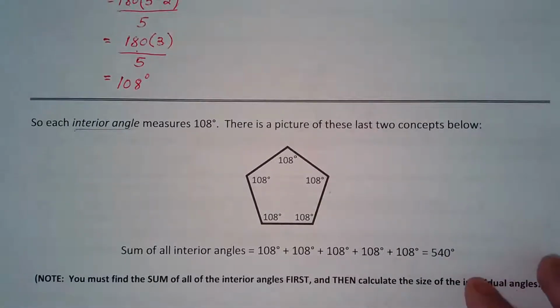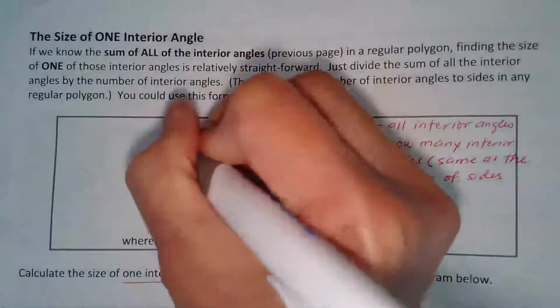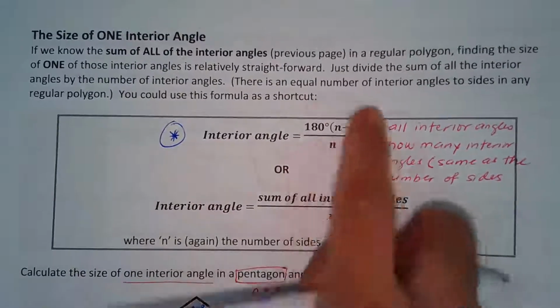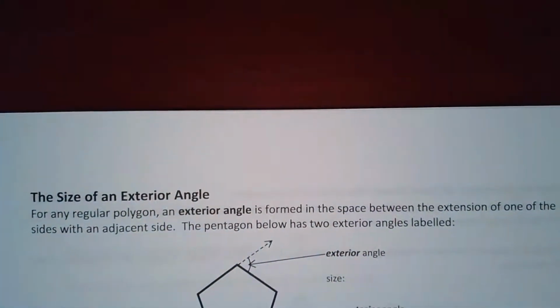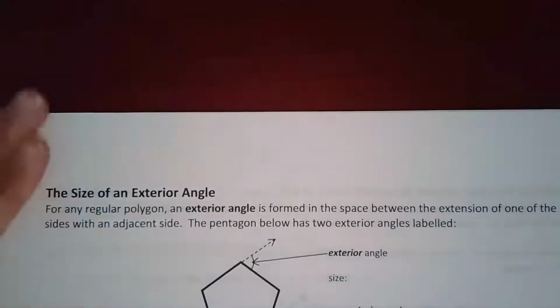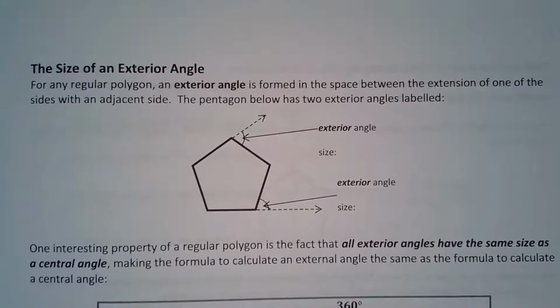So this is the formula for that. There's a formula for that one right up here. So when they say interior angles, you use this formula. I find that this is really not a tricky topic because they tell you exactly what you needed, and then you get it from there.